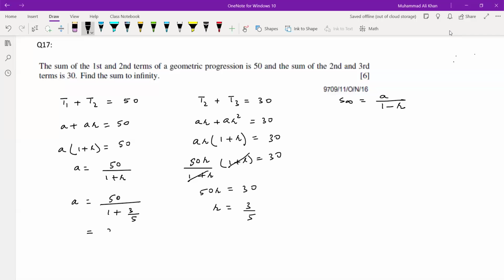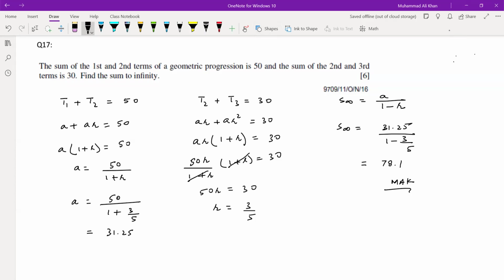It is 31.25, that is A. So therefore, the sum to infinity is 31.25 divided by 1 minus R. What is the answer? 78.1. This is the final answer, the sum to infinity.